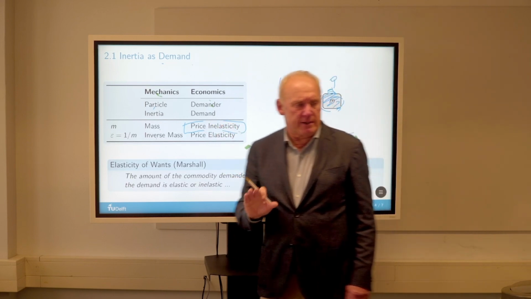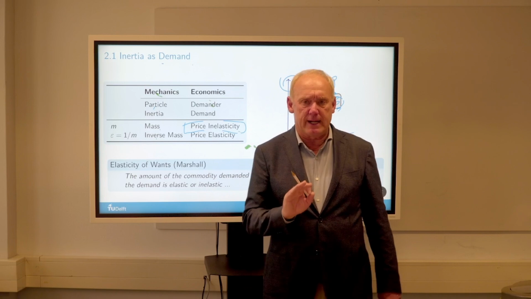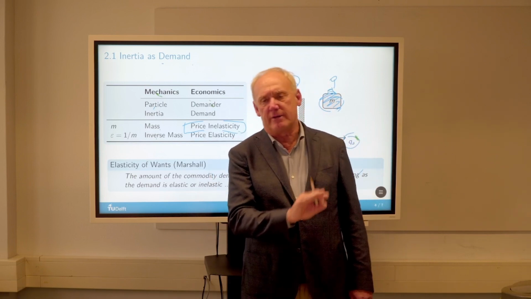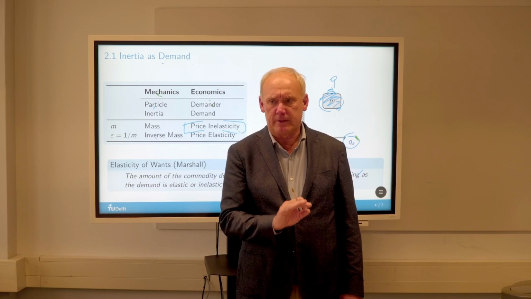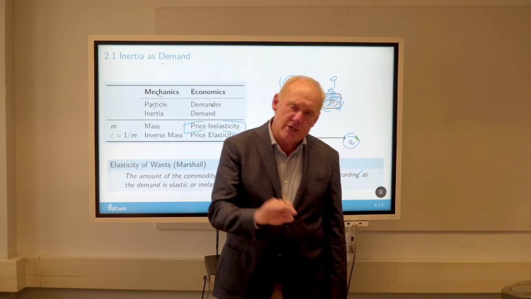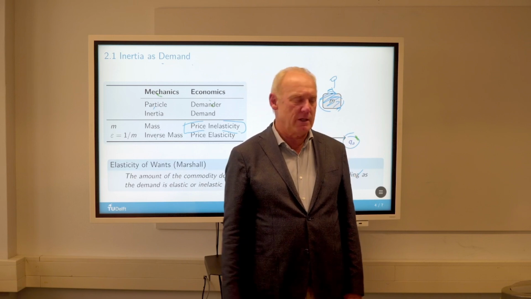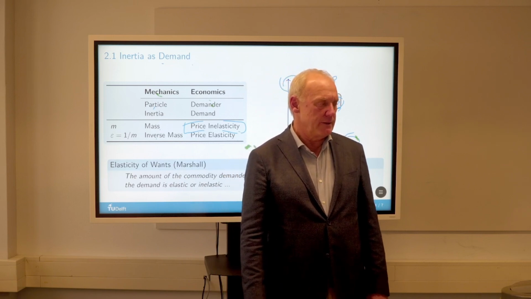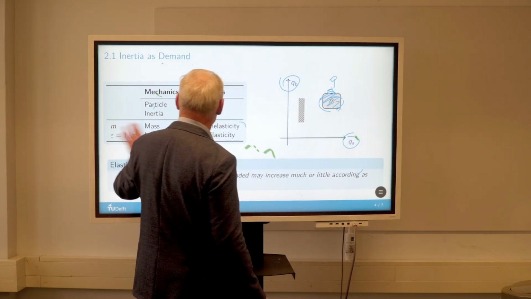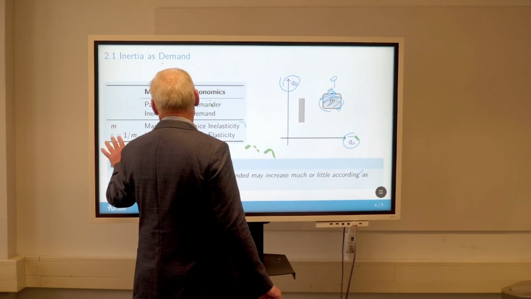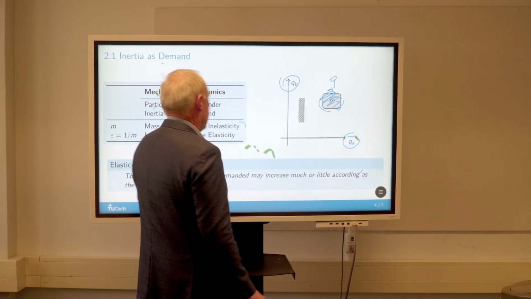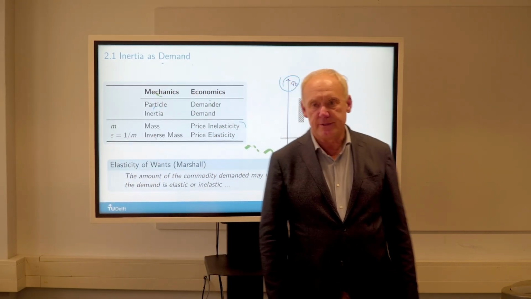So there is a subtle difference between inertia and mass. Inertia is a phenomenon, and mass is the measure of that phenomenon. The phenomenon is demand, and the measure is the elasticity. So price inelasticity is proportional to demand, and the elasticity is just the inverse mass. We don't have a good name for this. Very important.